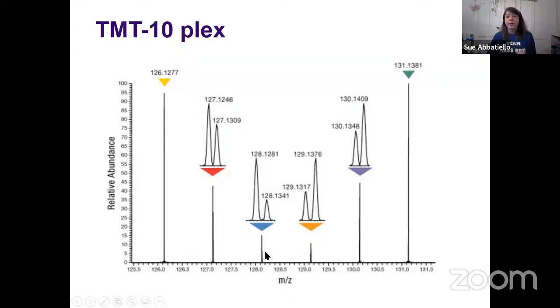So this is why using instruments that have a certain MS resolution is important to take into consideration. Time of flights and Orbitraps are the 2 most high resolving mass analyzers. But unlike Orbitraps, time of flights usually have an upper limit and you can't really adjust the resolution like you can on the Orbitrap. And so often TOFs are limited to 10 plexes or lower.